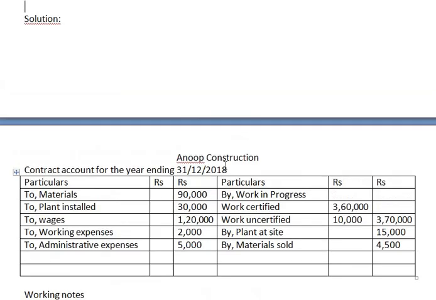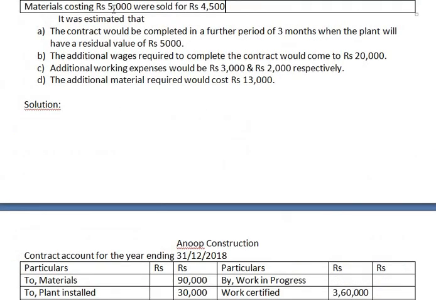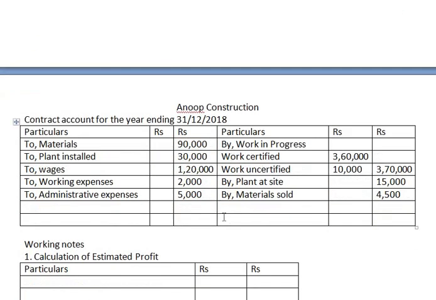This material was costing rupees 5,000 and was sold for 4,500. It means there is a loss on sale of materials. So when there is a loss on sale of material, we are going to take it on the credit side.